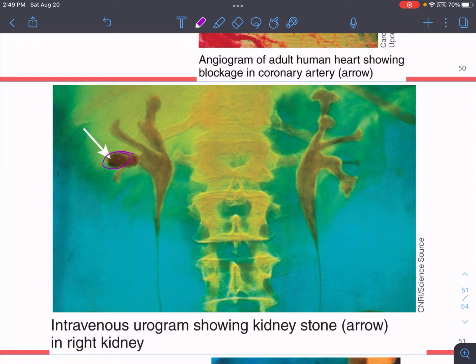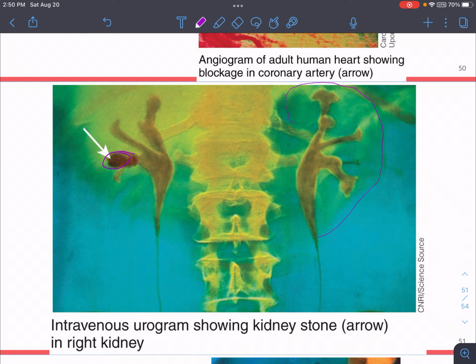Arteries and veins feed through your kidneys, so it helps to light up all the different parts. You can kind of see the outline of the kidney here. These are all the different parts within the kidney that we'll learn in anatomy too, but you can see the darkened areas where there's a kidney stone.